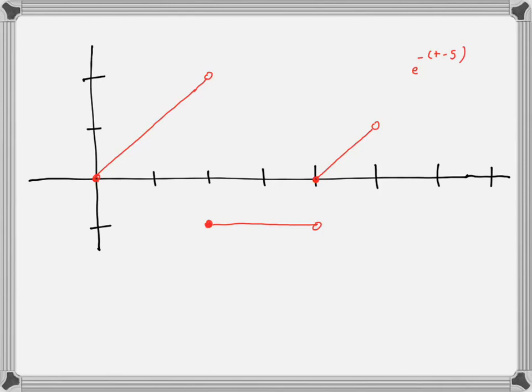So think about it this way, right? e to the negative t is like e to the x, but it goes down and to the right, except it's shifted to the right 4 or 5 spaces, so that means that it actually crosses right here and then goes this way.